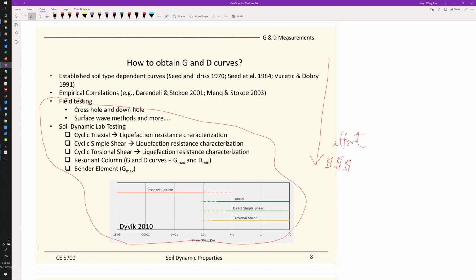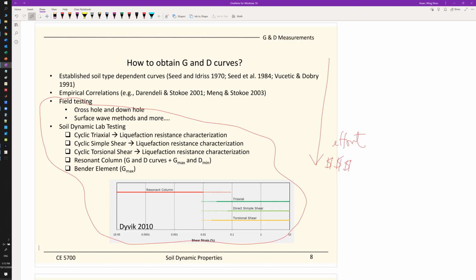I think Kramer did a very good job introducing the background on field and lab testing. In addition, if you read those ASTM standards, maybe do some research on your own, feel free to stop by my office hours if you want to learn more, and we can talk more about that too.